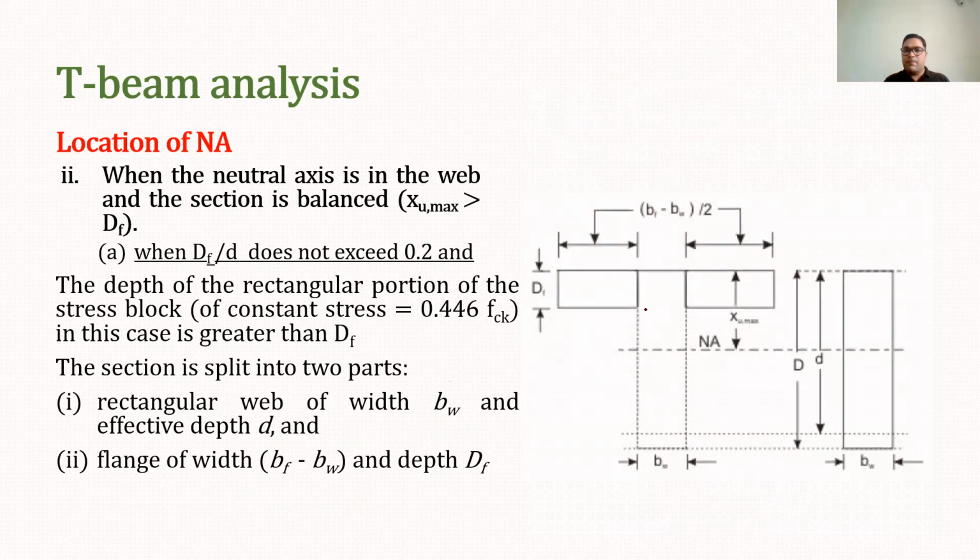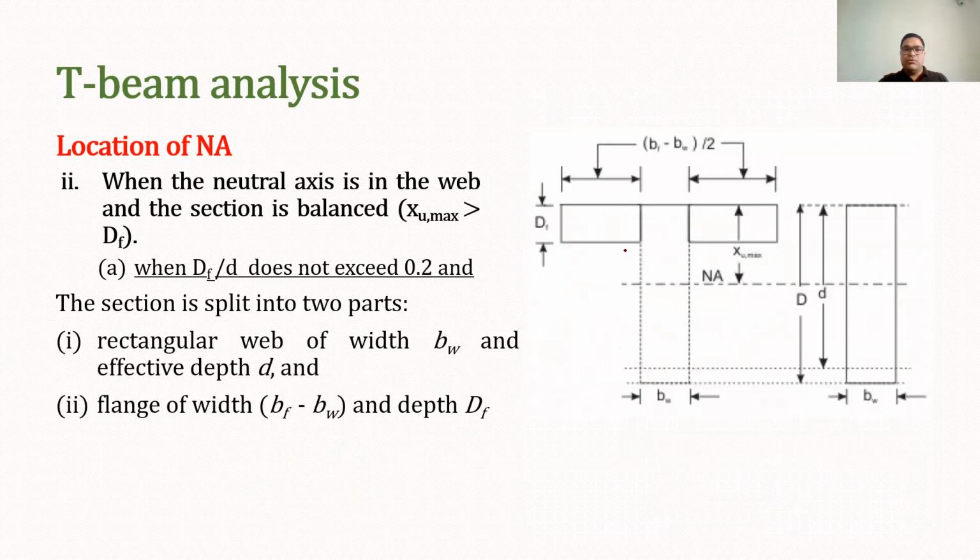Here you can see this part we will analyze separately and this part we will analyze separately. This part we can treat as a rectangular beam, and for the remaining part we can have the formula for moment of resistance.